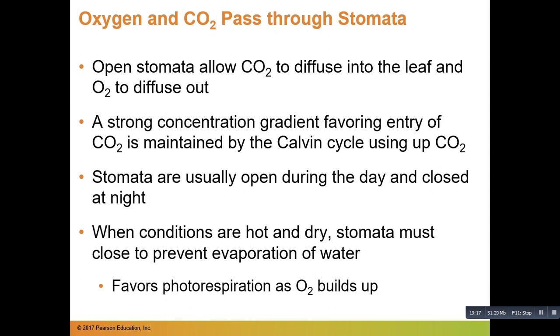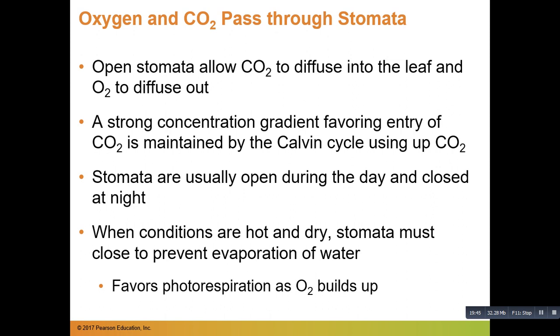And so we're going to have a strong concentration gradient here favoring the entering of CO2, because that carbon dioxide is constantly being used up by the Calvin cycle. So there's always going to be a strong concentration gradient that allows carbon dioxide to move into the leaf through the stomata.